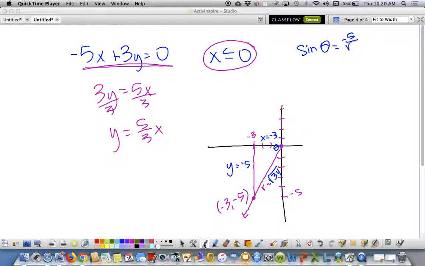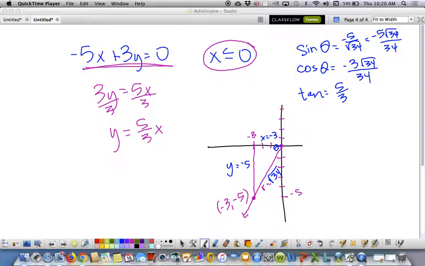Y over the square root of 34, y over r, which is negative 5 on the square root of 34, which is negative 5 root 34 over 34. Cosine theta is negative 3 on the square root of 34, or negative 3 root 34 over 34. Tangent is 5 over 3.